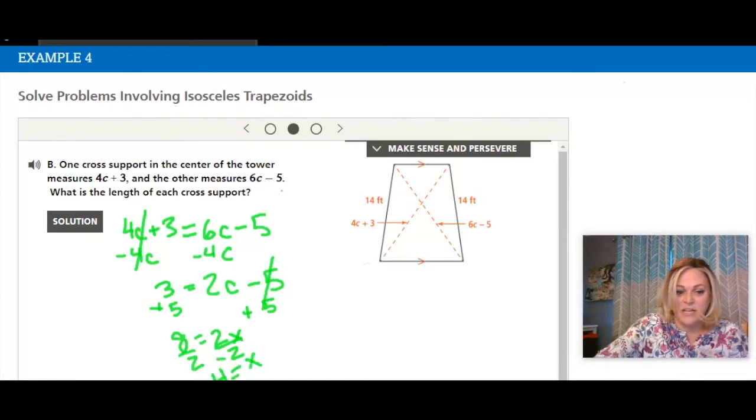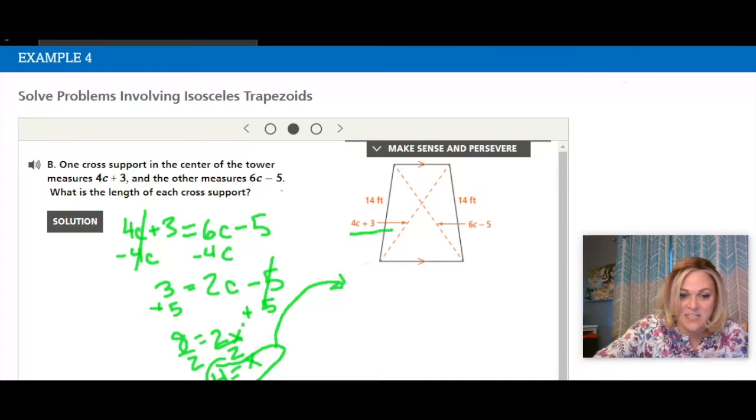Now, I want to double check that that's even what it's asking because I can't remember the question. So I'm going to go back here. What is the length of each cross support? Nope, that's not what it's asking. I'm going to take this value and plug it into 4c plus 3. Oh, and that's a c. I changed my c's to x's, sorry. I think it's just out of habit.